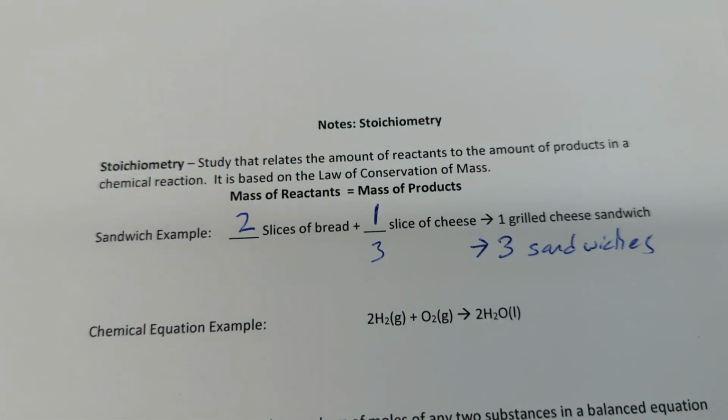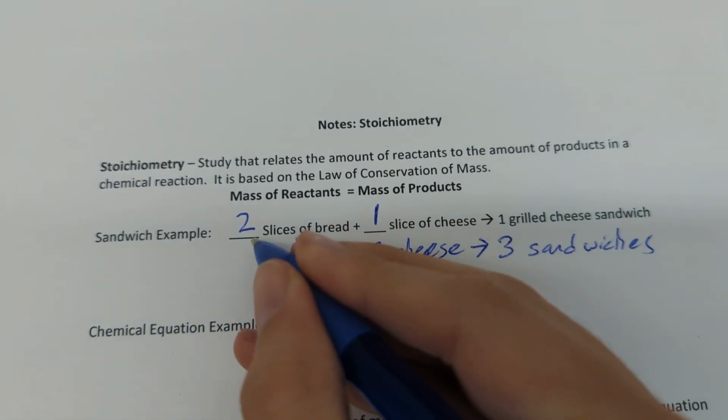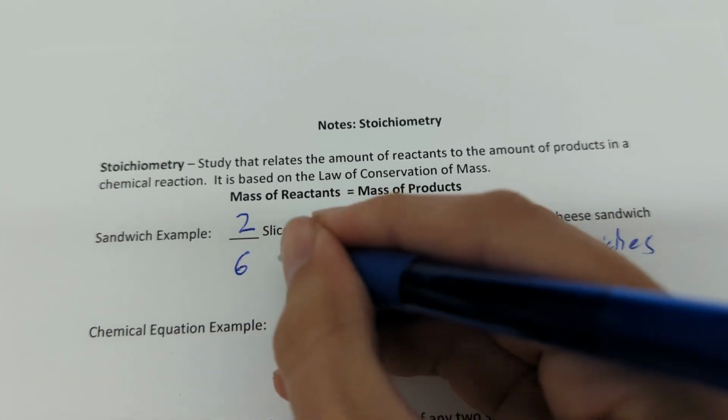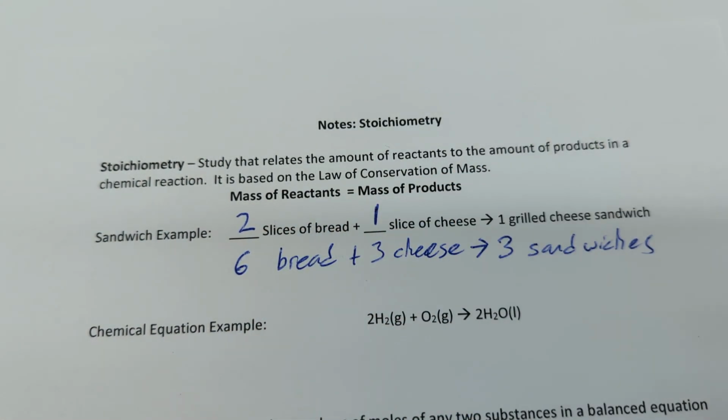So it would be 3. And I would need 3 times as much bread. So 2 times 3 would be 6 bread. So that's the general idea of the math behind stoichiometry right there.